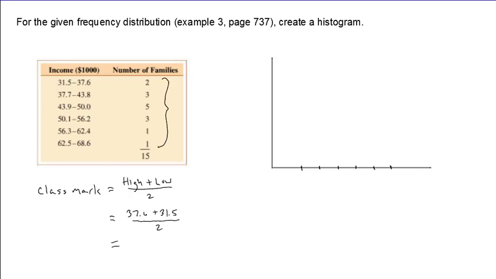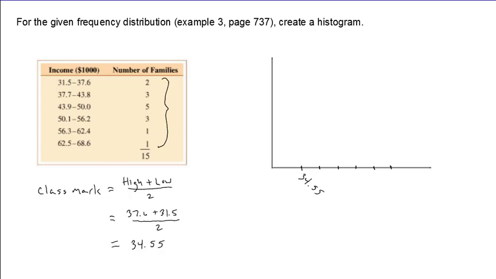When you put that into your calculator, you end up with 34.55. So I am going to use that as my class mark, and I'm going to label my first class 34.55.